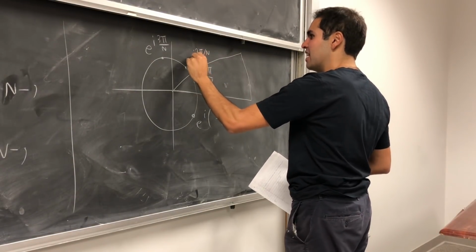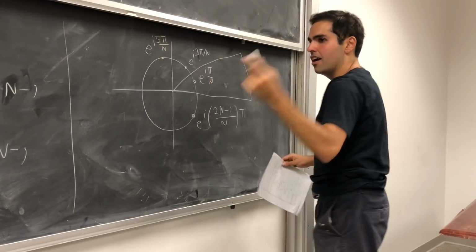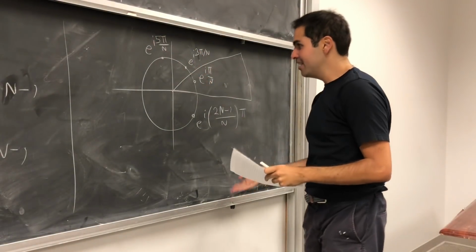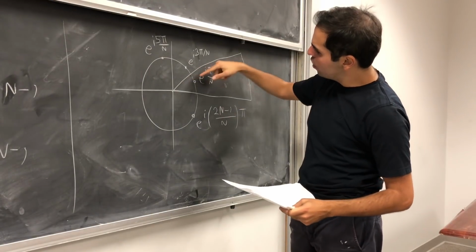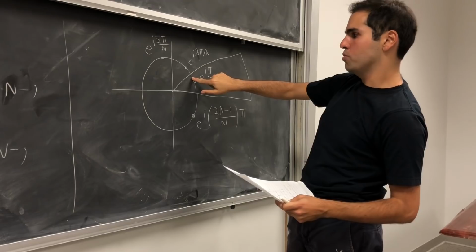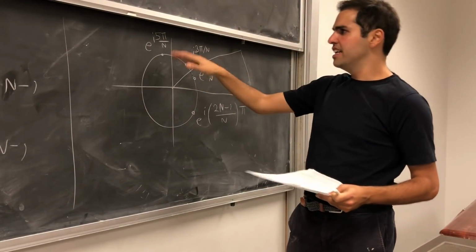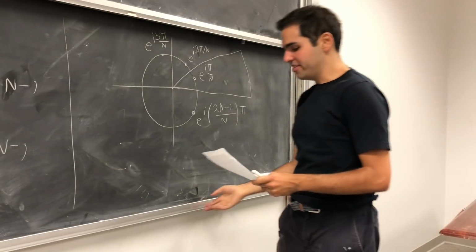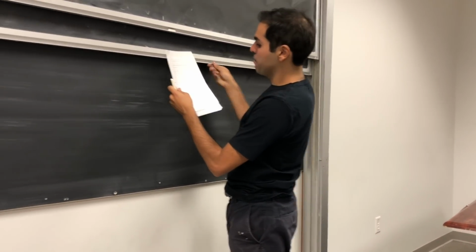That should be e to the i 3 pi over n, e to the i 5 pi over n, all the odd multiples. So we want to go through a sector with a line that goes to precisely those two points. And the nice thing is, we will just ignore all the other singularities.